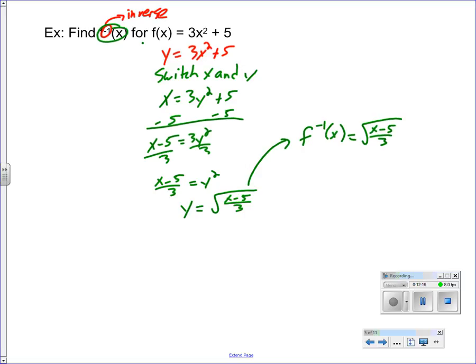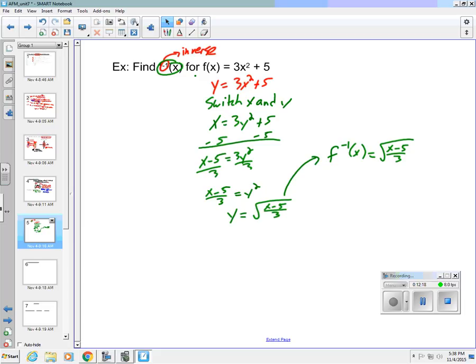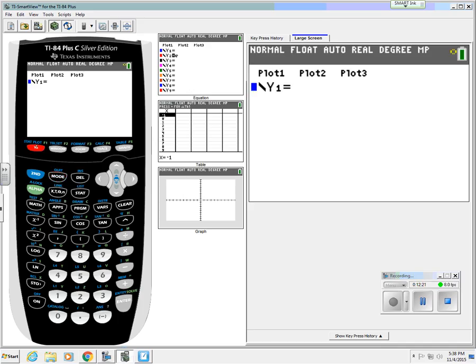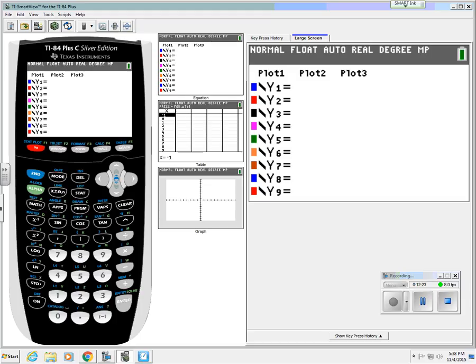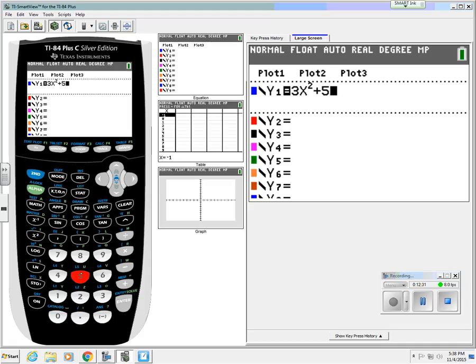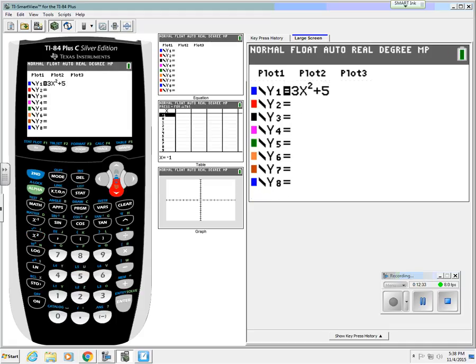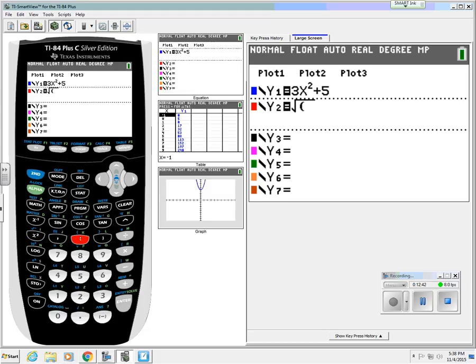Right, we can look on the calculator and see that the graphs have this property. The graph on the calculator, real quick, we have 3x squared plus 5. And then on the same window, square root of x minus 5 over 3.